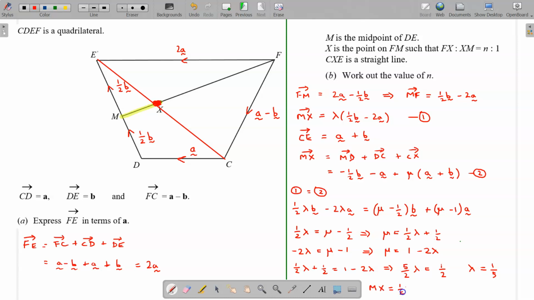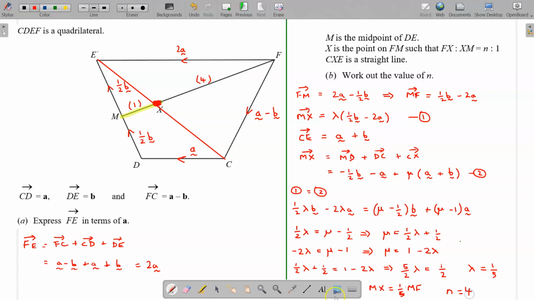So therefore the ratio is 1 to 4. I'll put those numbers in brackets because they just represent a ratio. But the ratio given was the other way around. It was from F to M, so it's 4 to 1. So N equals 4.